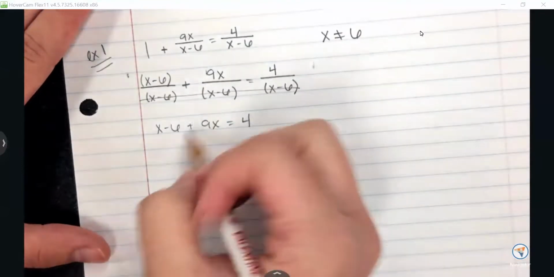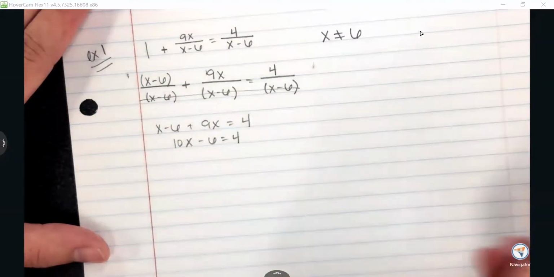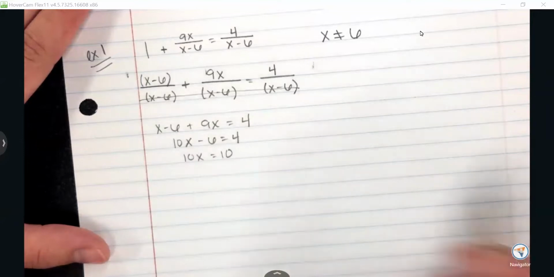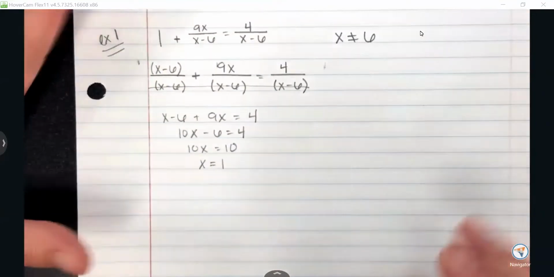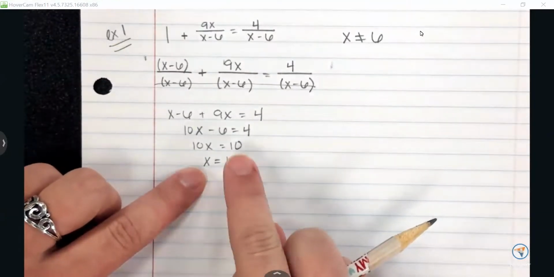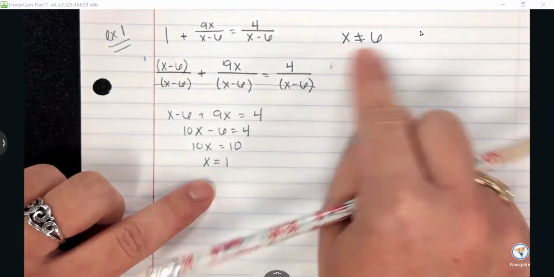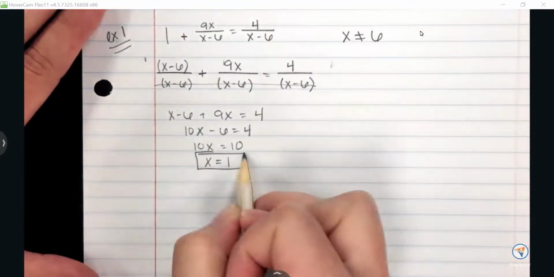So if I combine, I'll have 10x minus 6 equals 4. 10x equals 10. So x equals 1. Is x equals 1 a good answer? Yes. How do I know? The only answer I cannot have is what x cannot equal. Okay? So this would be my final answer.